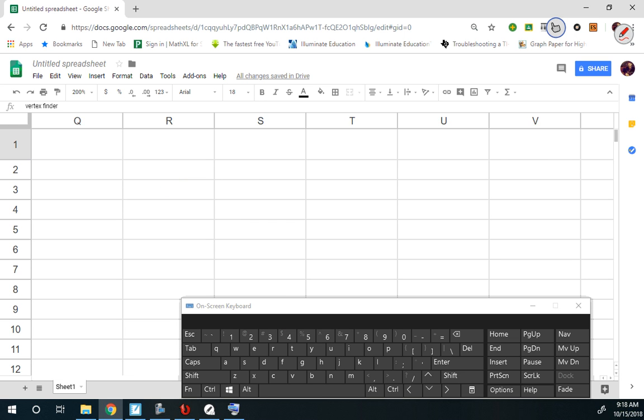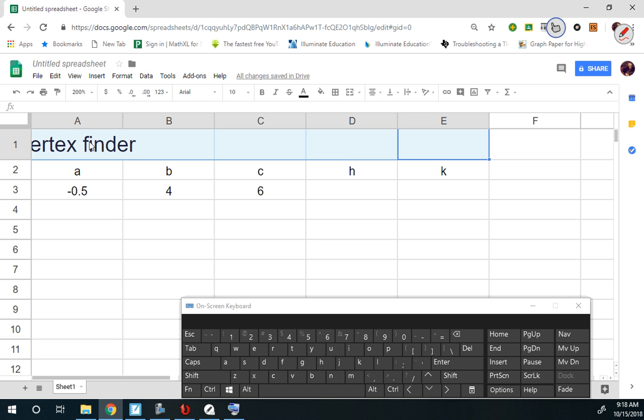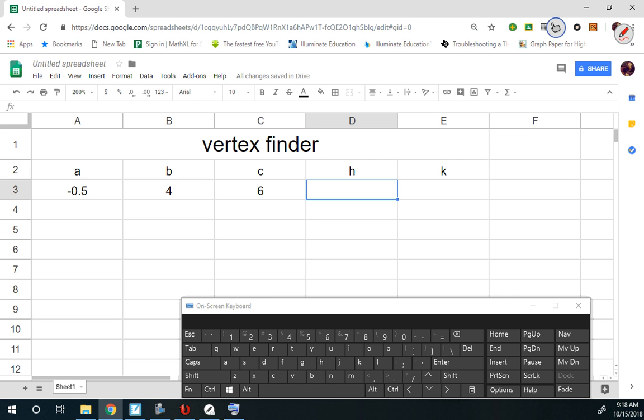Maybe I'll center that across these 5 cells. I'll merge and center that. There we go.